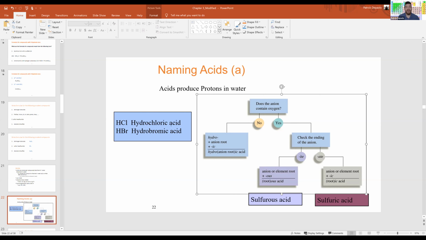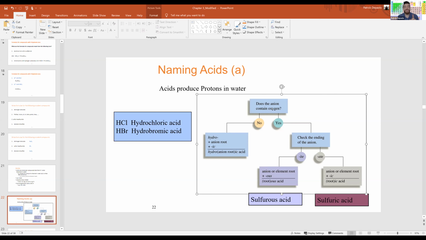For chlorine it would be chlorid. For iodine it would be iodide, hydroiodic acid. And then you add an IC ending. So it's hydro, anion root, ic, acid. So that's a little schematic there.